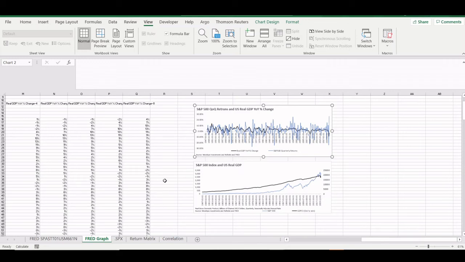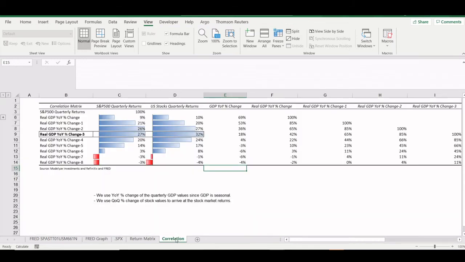The economy is lagging the stock market. So it seems that the stock market has rebounded and it's picking up the pieces and building everything back up, but the economy is lagging that progression of the stock market. So the best way to look at it is to look at the correlation of the shifted data points.